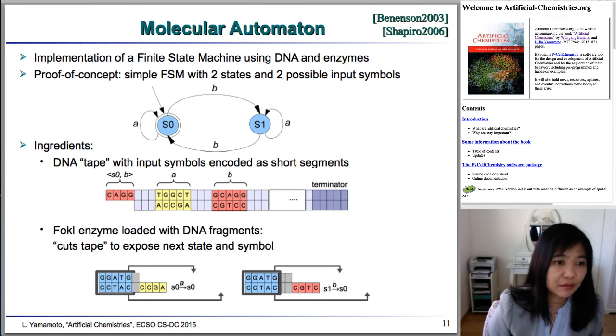The ingredients are the DNA tape, with the input symbols encoded as short segments, encoding both the initial state of the system plus the set of symbols that are going to be read in sequence. And then there is an enzyme that is loaded with DNA fragments and that will bind to these sticky ends, determining the transitions.